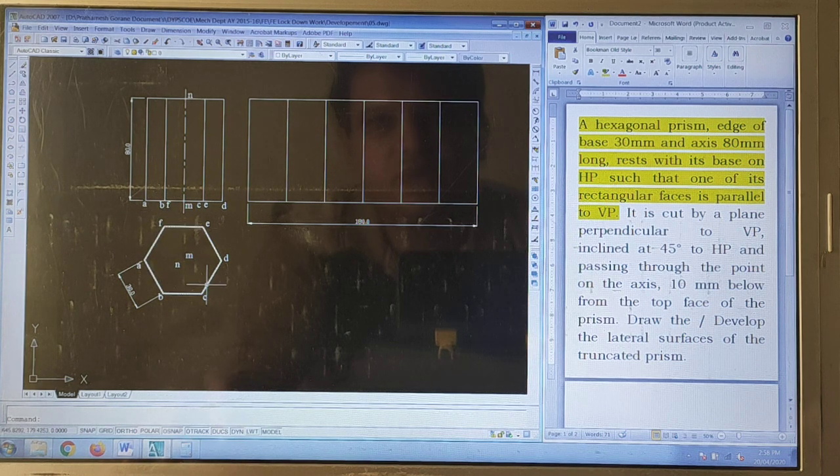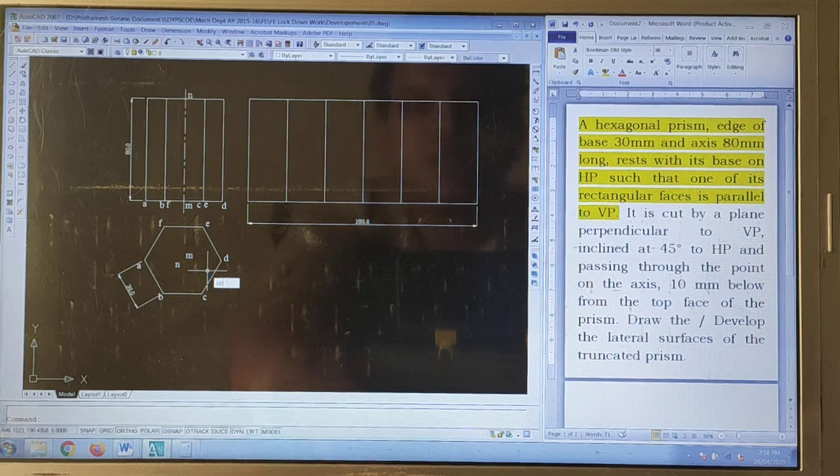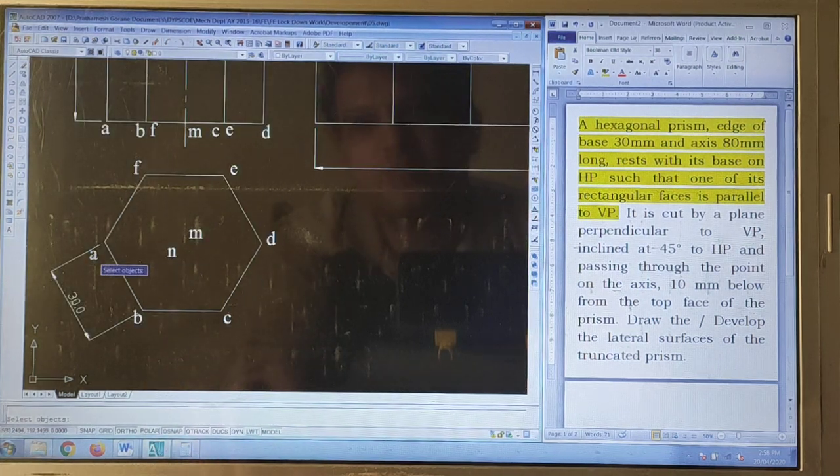Now if we again give the naming part, this is the solution, but now I am giving the naming to it.